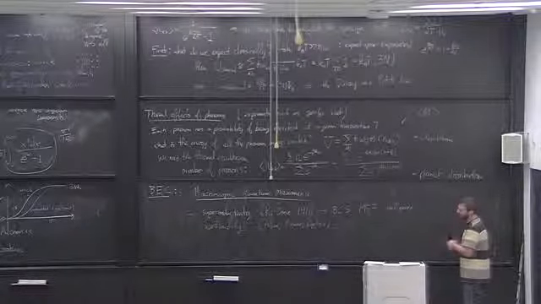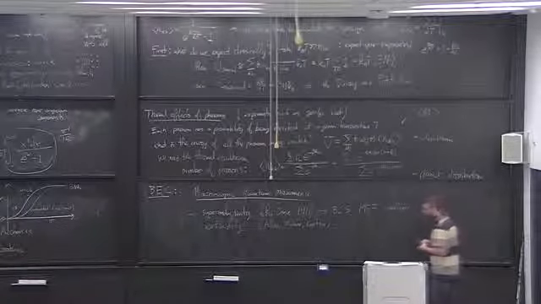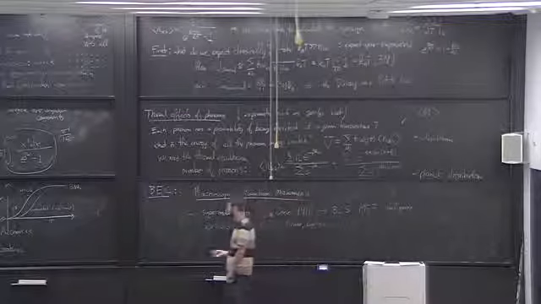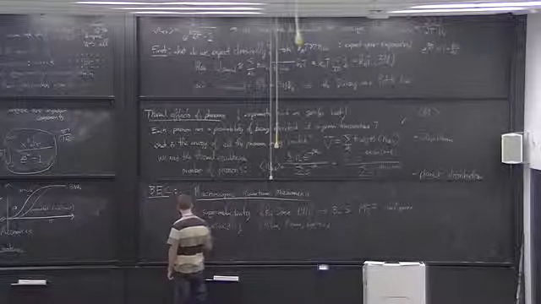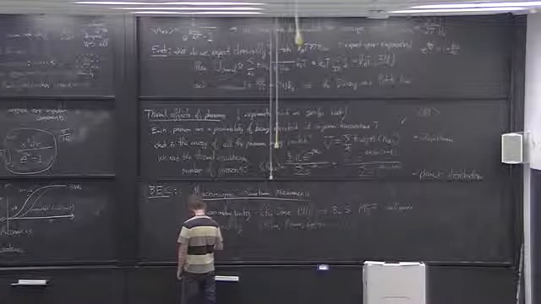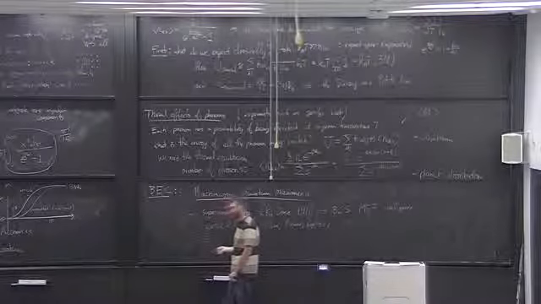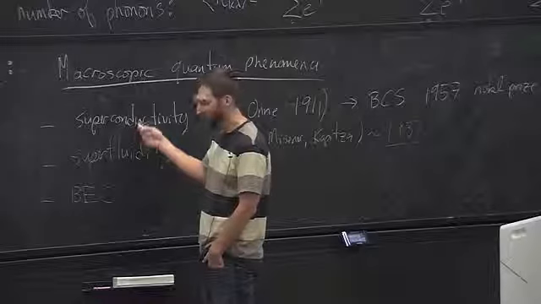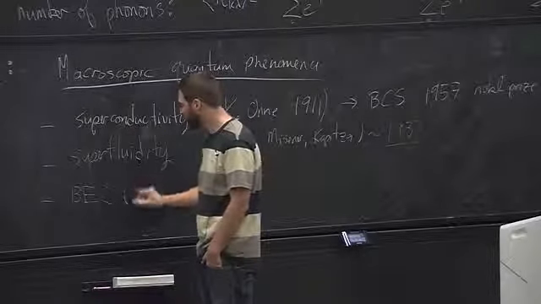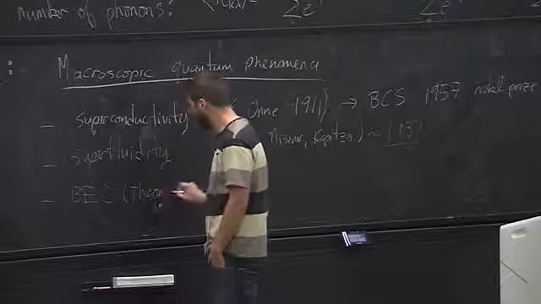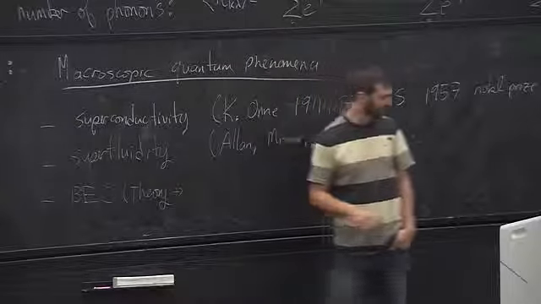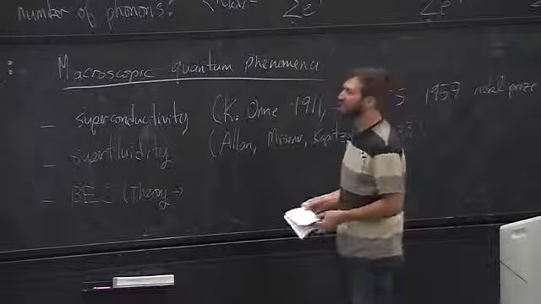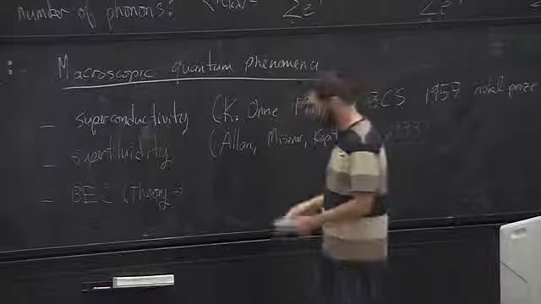And after the discovery of superfluidity, people actually had kind of a theory for it. And it was this theory of Bose-Einstein condensation. Bose-Einstein condensation is essentially something that was theoretically discovered before the experiments, by Bose and Einstein, doing statistical mechanics of these quantum systems.